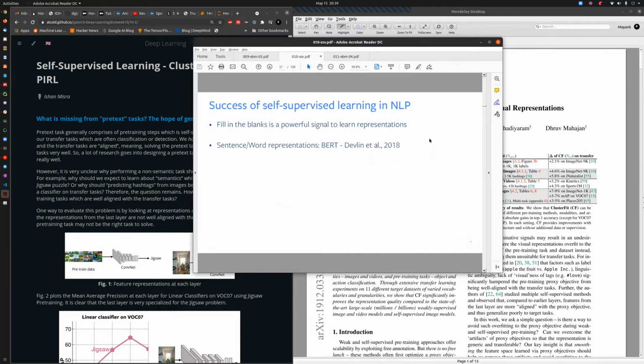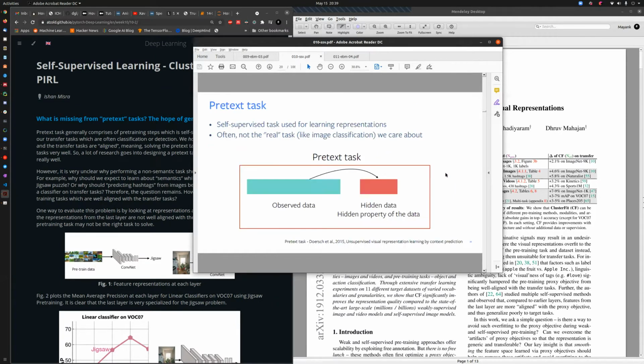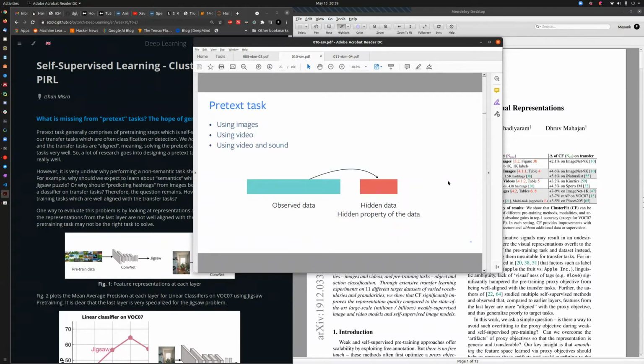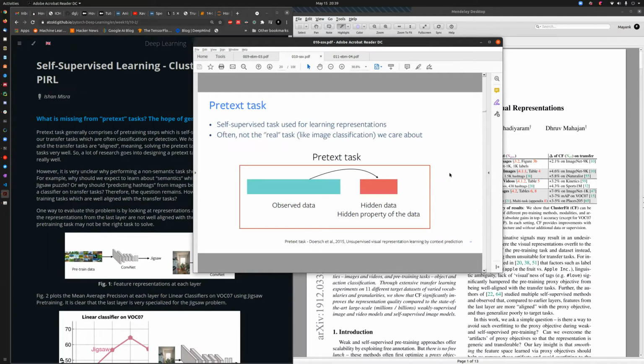And these are the representations for the success in BERT, which had many downstream tasks. Then we go to the context of computer vision. These are the pretext tasks, which can be used for learning representations. Here we will talk about rotation and jigsaw puzzle based tasks.